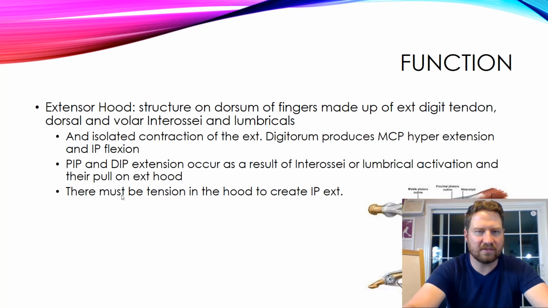PIP and DIP extension occurs as a result of our interossei or lumbrical activation and their pull on the extensor hood. So if you look at our extensor hood, our lumbricals are going to be right there. As those contract, they're going to stiffen that extensor hood when our MCP is in flexion. Okay, hope that makes sense.